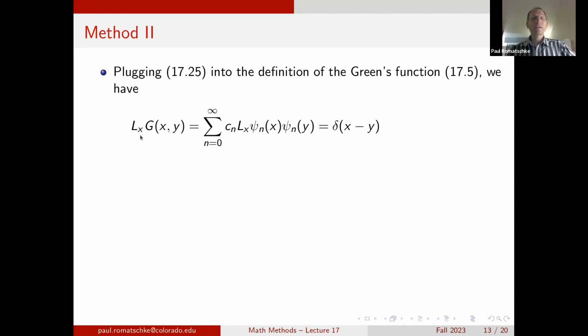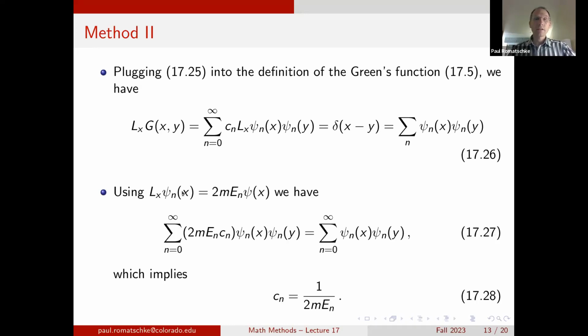If we plug in the definition of the Green's function, we know that the differential operator acting on g has to be equal to the delta function. But the expansion of g in terms of this sum means that the differential operator acts on psi n of x. The delta function we get by using the completeness of the wave functions psi n.